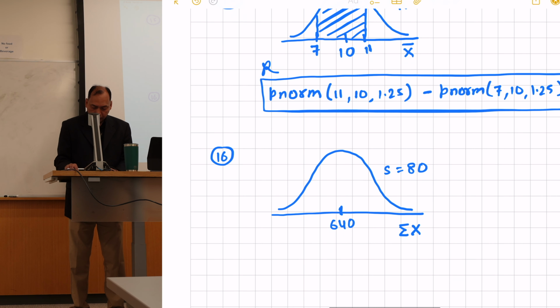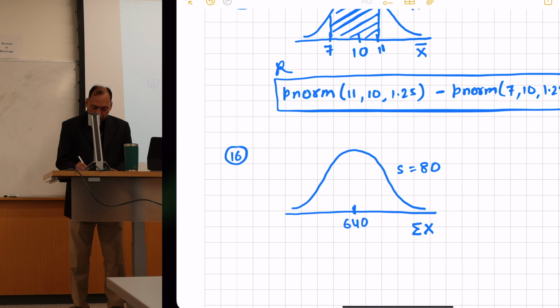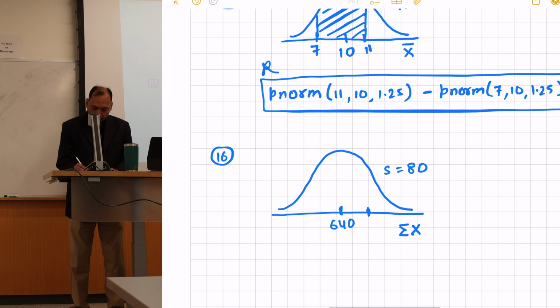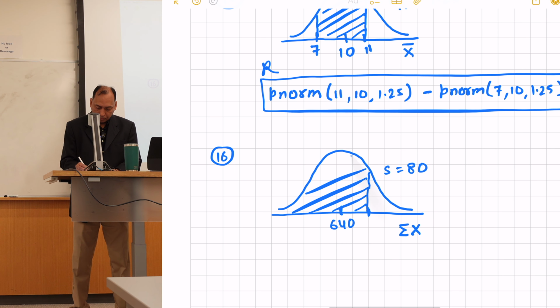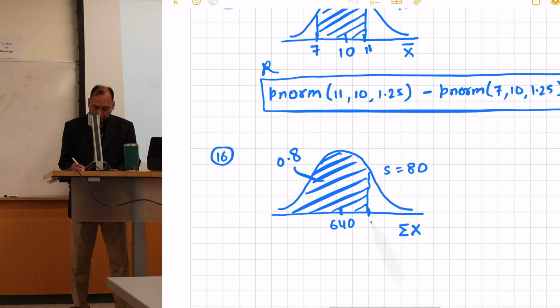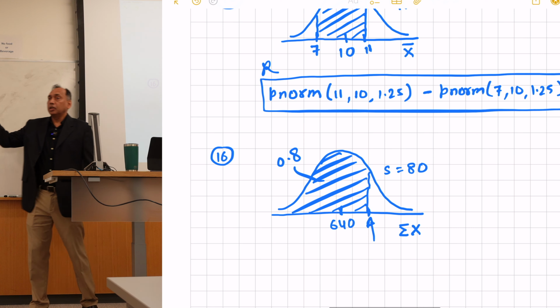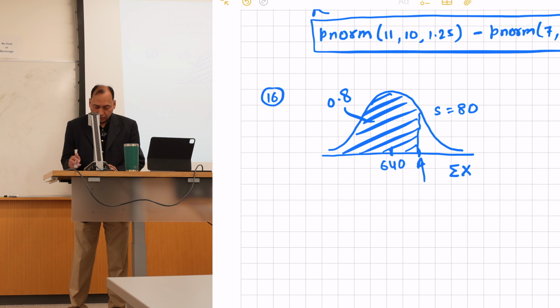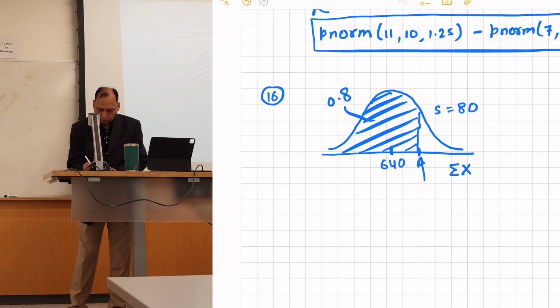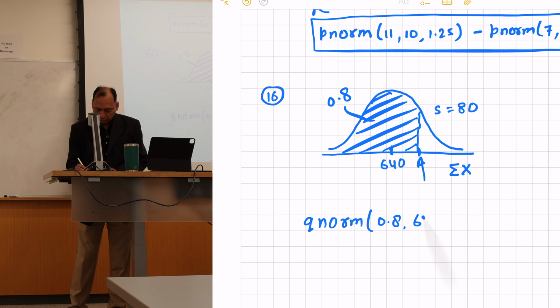Area is 80% to the left. So obviously that point will be somewhere here to the right of the mean, so that the area is more than 50%. So this is 0.8. If that is 0.8, then how much is this value? So that's what this question is asking. So for percentiles or quantiles, we use qnorm, 0.8, 640, and 80.